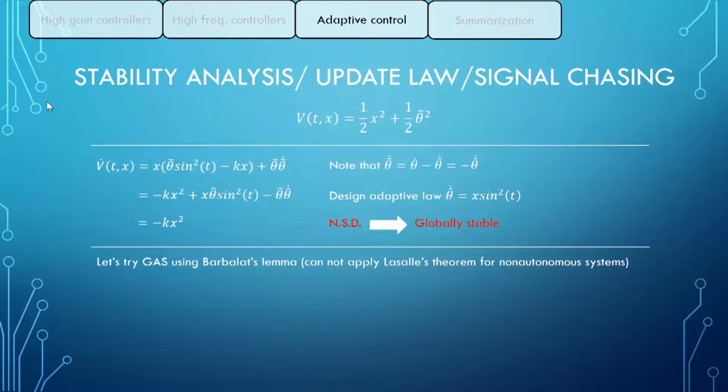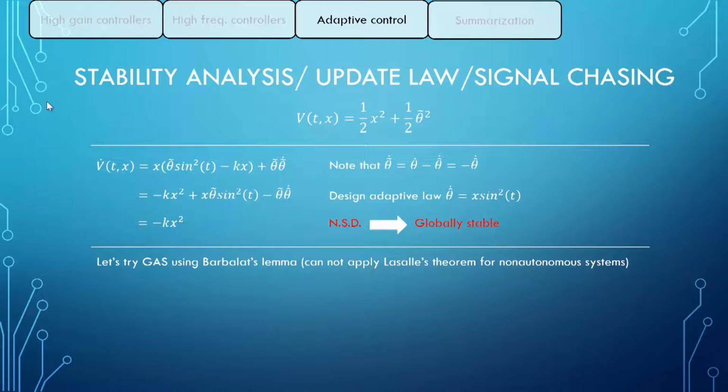Now it's a non-autonomous system, so you cannot use that kind of invariant set theory. So the best you can do to further prove the stability is to say this is globally asymptotically stable, which is x goes to 0, by using Barbalat's lemma.